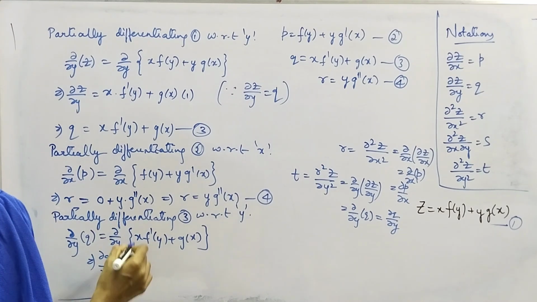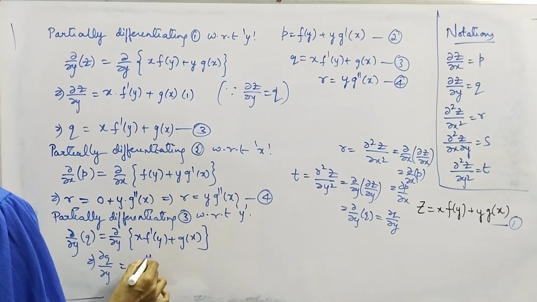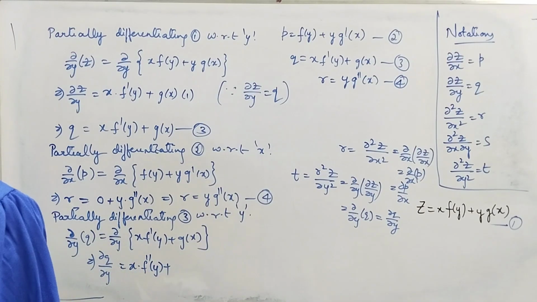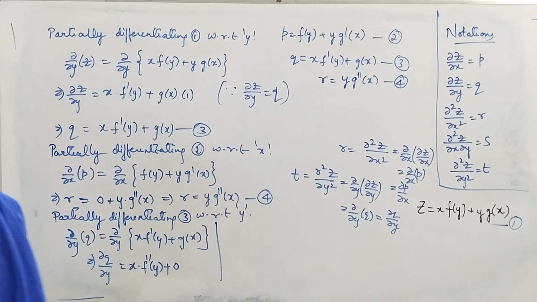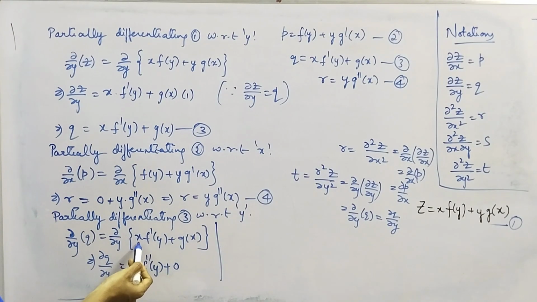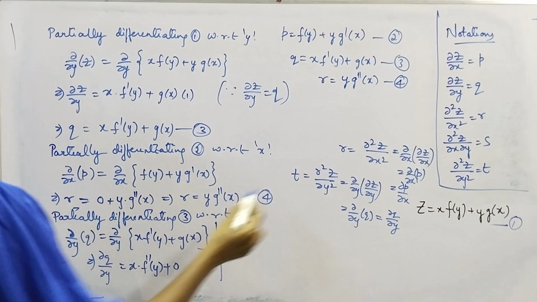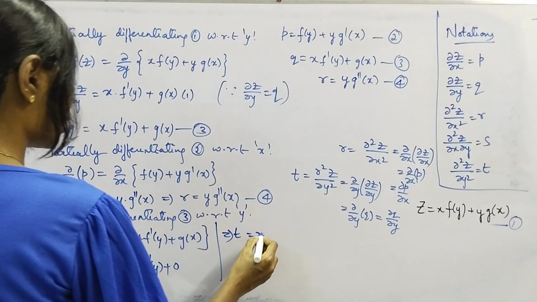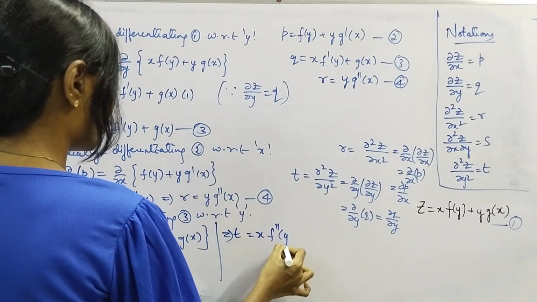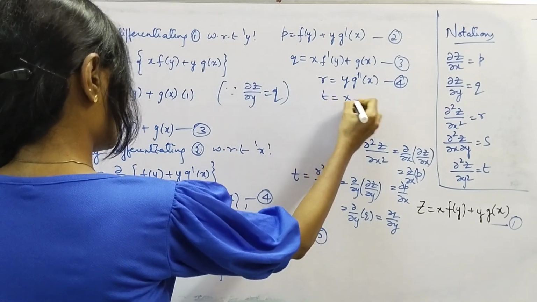So x into constant, x into partial derivative of f dash with respect to y is f double dash of y, plus partial derivative of g of x with respect to y is 0, since g of x is treated as constant, x is also treated as constant. This gives us dou q by dou y is nothing but t. So we'll get t equal to x into f double dash of y.